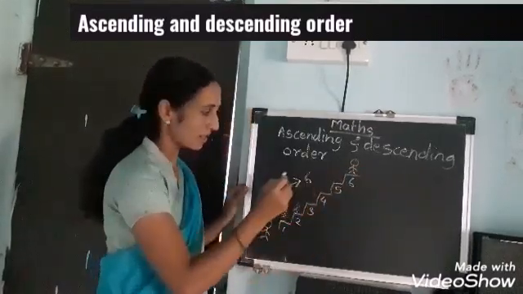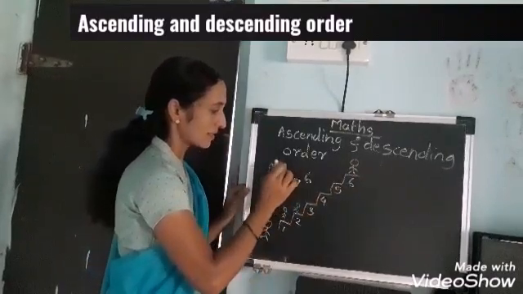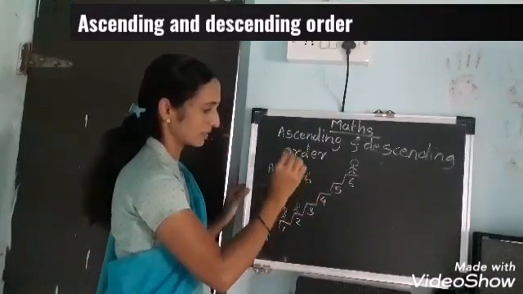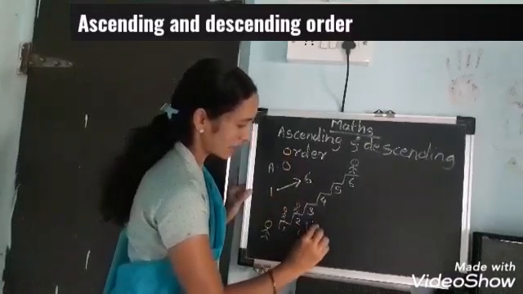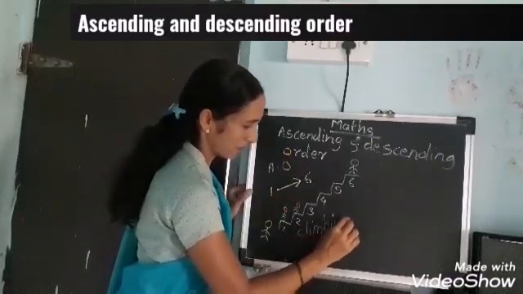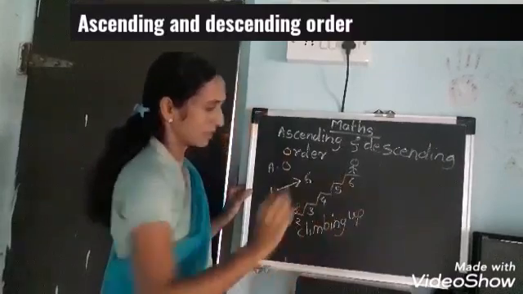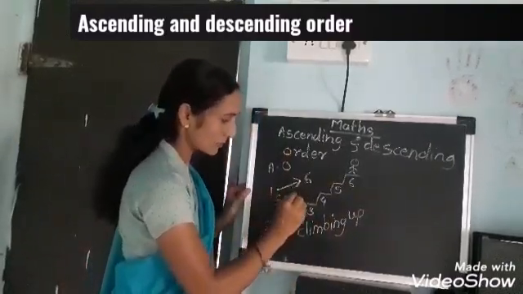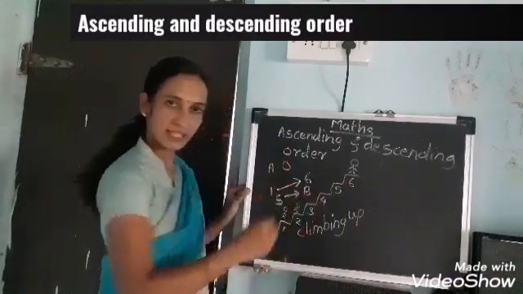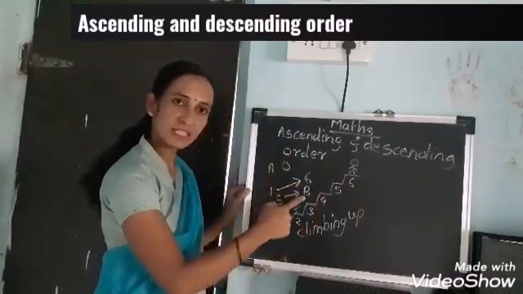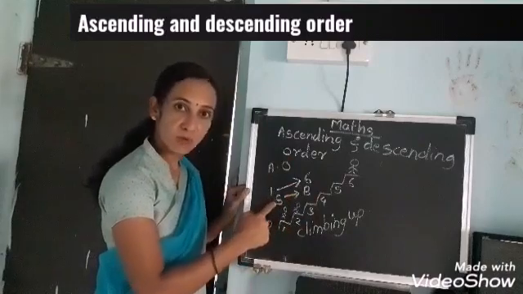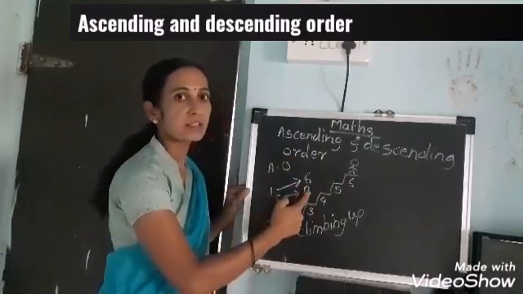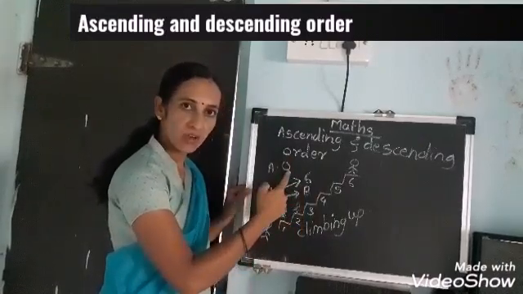So climbing up is called ascending order. What is meant by climbing up? 1 to 6, that means smaller to bigger. S shows smaller, B shows bigger. When we go from a smaller number to a bigger number, that is called ascending order.